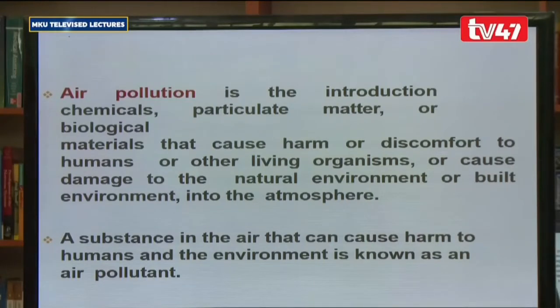The concentration will differ depending on various factors, and as a result it can cause discomfort to humans and other living organisms, to the natural environment, and also to the atmosphere. When it comes to air pollution, we look at aspects of, most often, what you get to hear of as climate change.